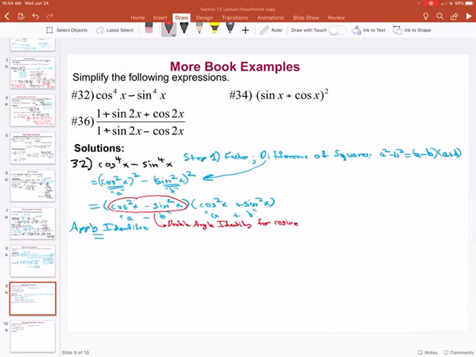Now what do we have here, of course? Pythagorean, our fundamental identity. So looking at the second one, we've got our Pythagorean identity. So they simplify nicely. So this is equal to what?